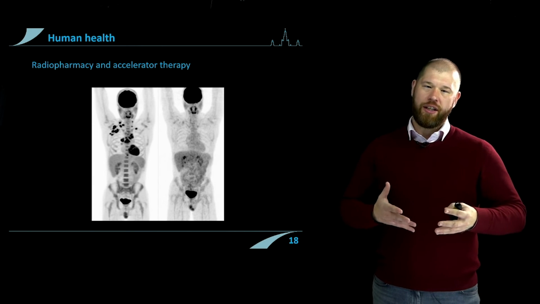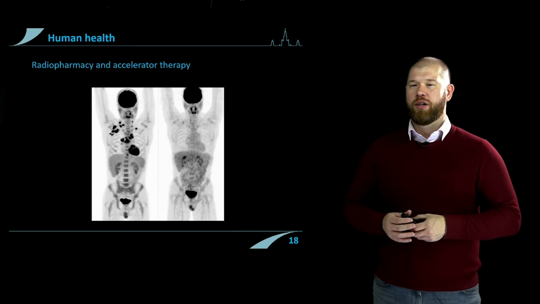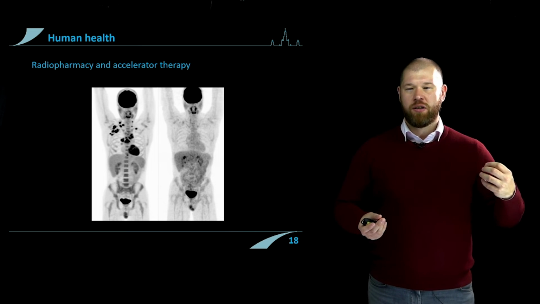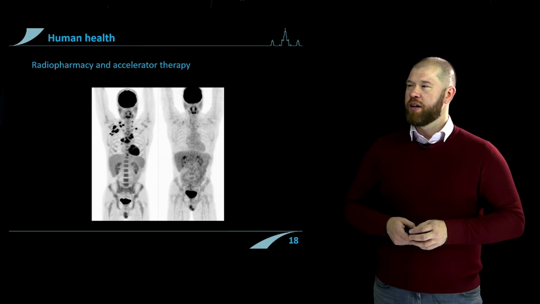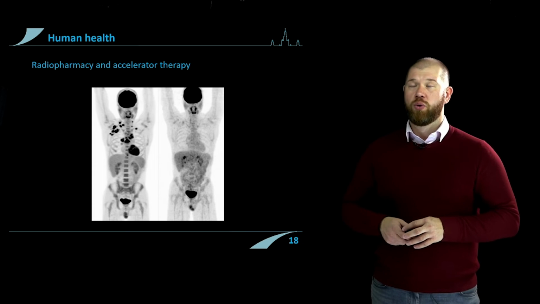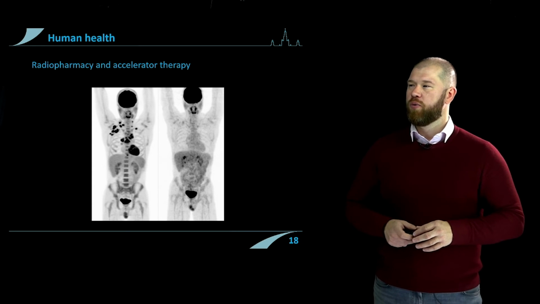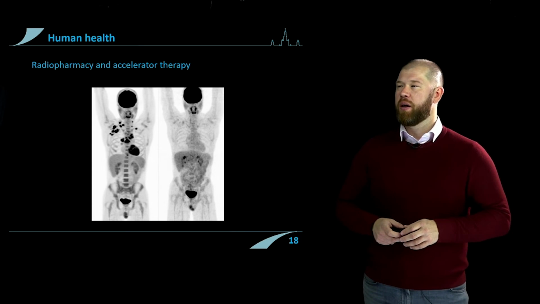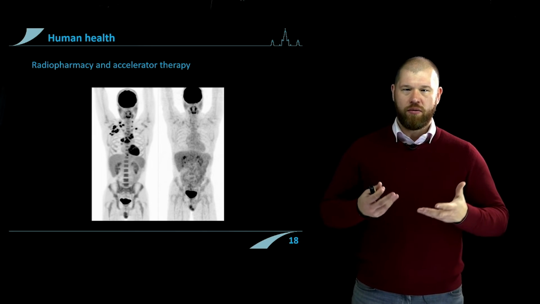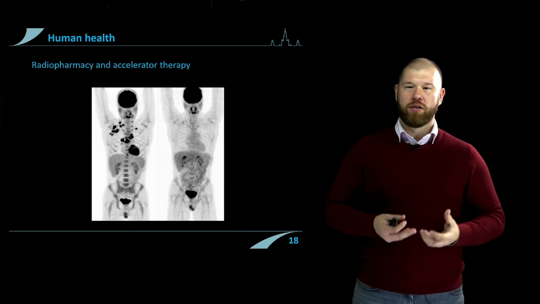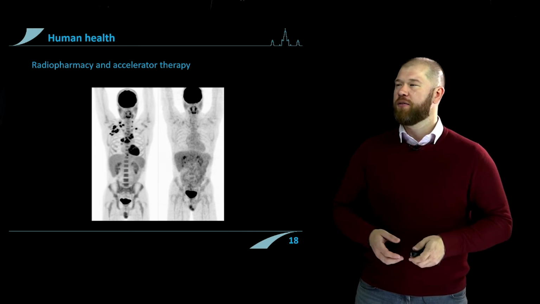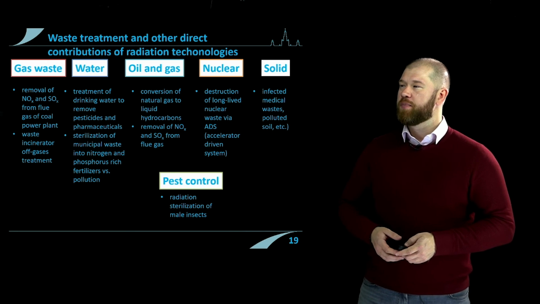These are radiation techniques that use special equipment that accelerates alpha particles or other nuclei, like nuclei of carbon-12 or nitrogen, and these accelerated highly charged particles can have therapeutic effects for some diseases.